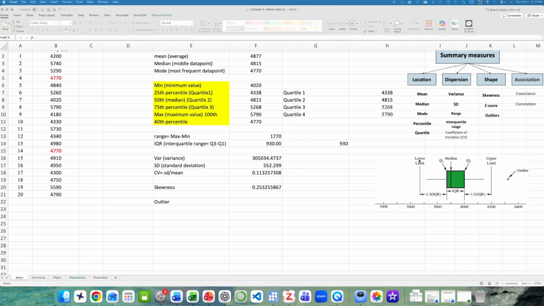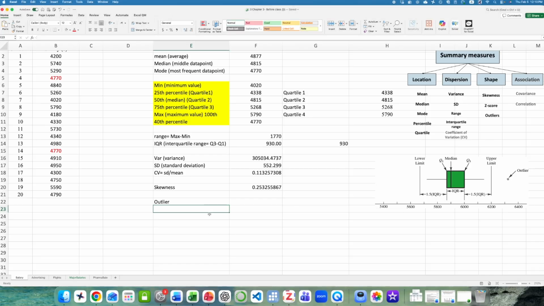In order to calculate lower limit and upper limit, we need Q1 and Q3. Lower limit is equal to Q1 minus 1.5 times the interquartile range. Upper limit is Q3 plus 1.5 times the interquartile range. So for the outlier, we need lower limit and upper limit.